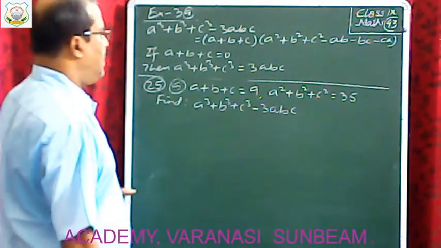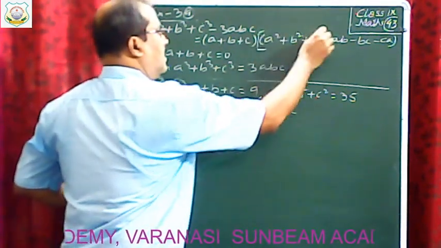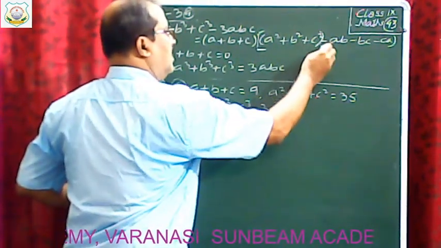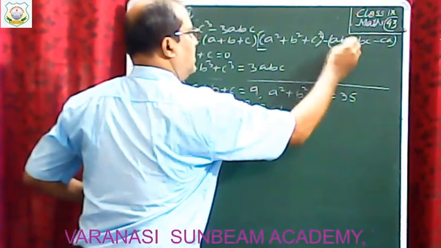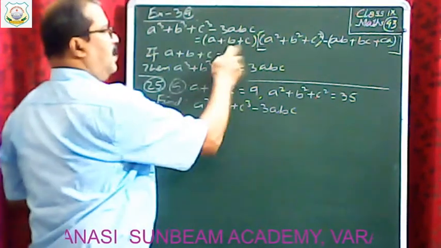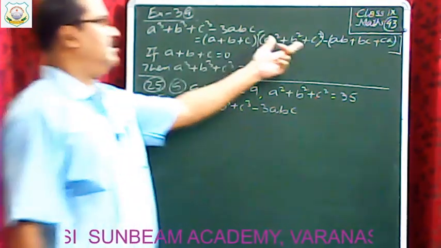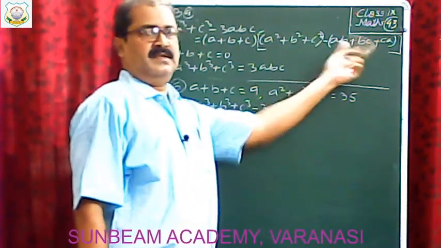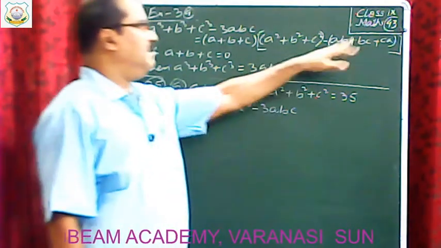So there are 3 parts: a plus b plus c, a square plus b square plus c square, and, taking out minus as common, ab plus bc plus ca.